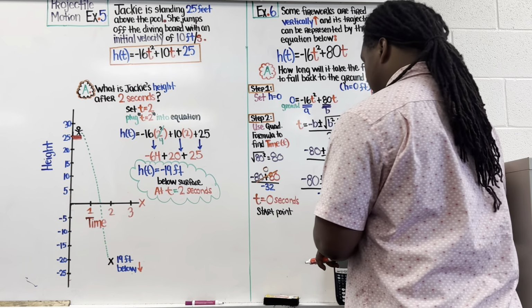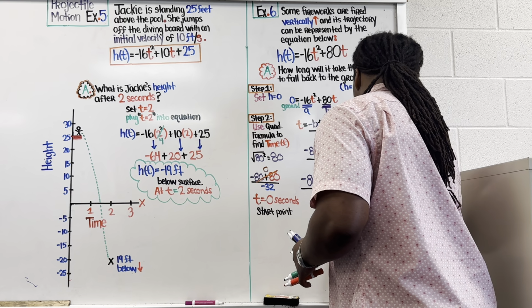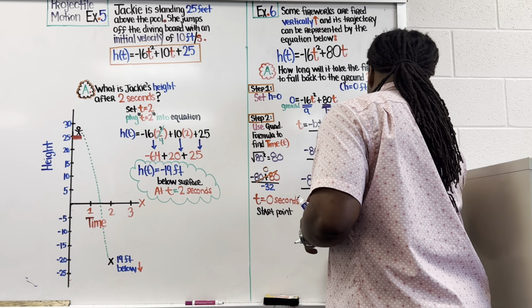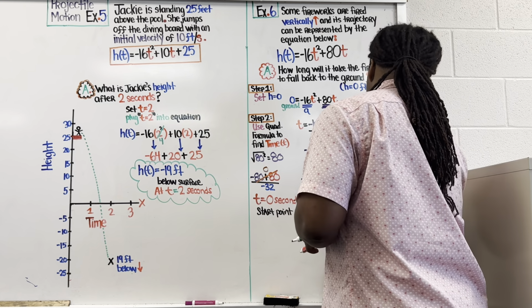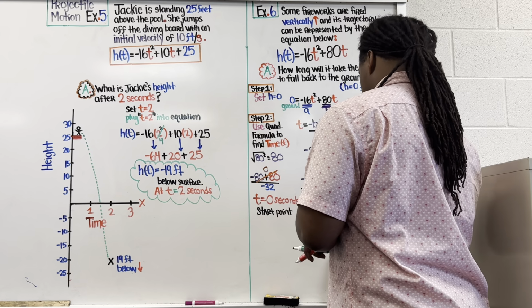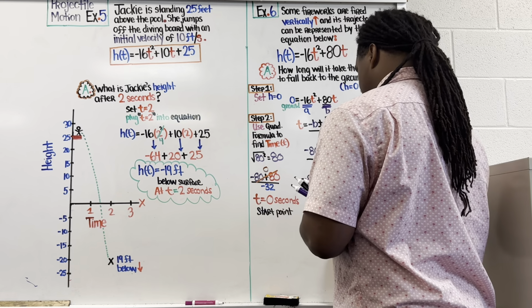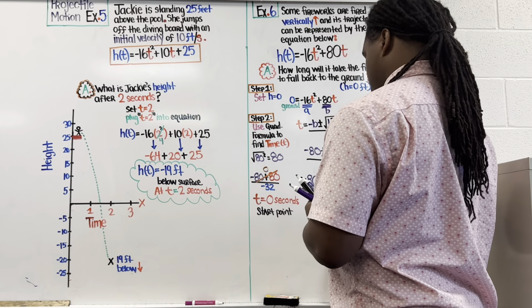So on this side, I'm going to do negative 80 minus 80 divided by negative 32. And that's going to give me the time at the end time, right? Or the end point.